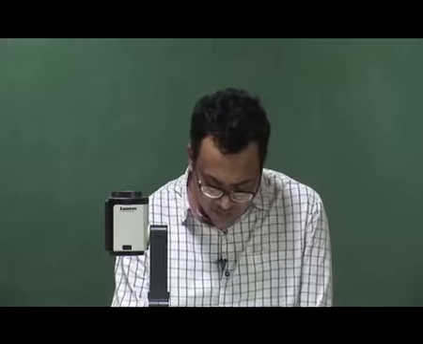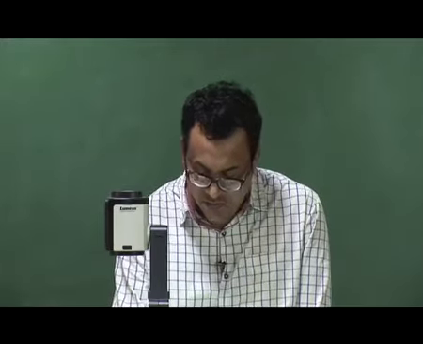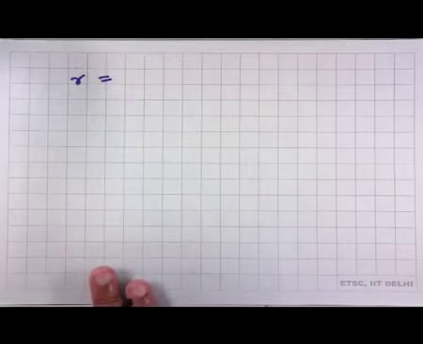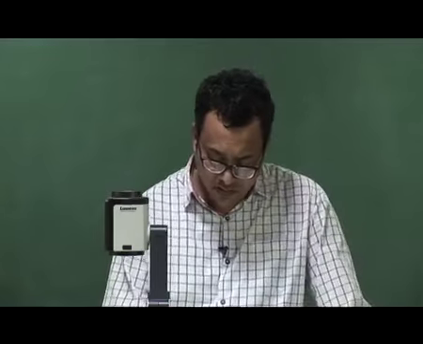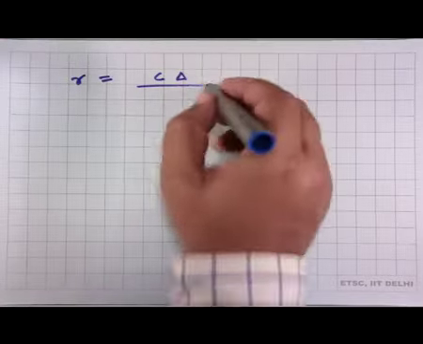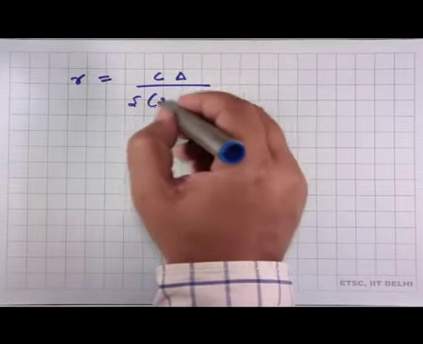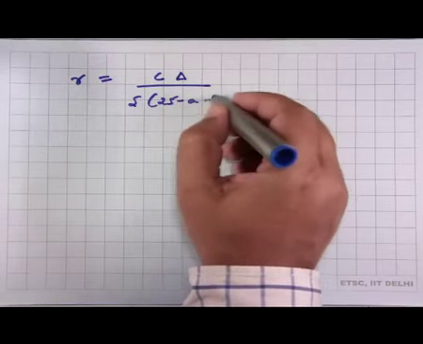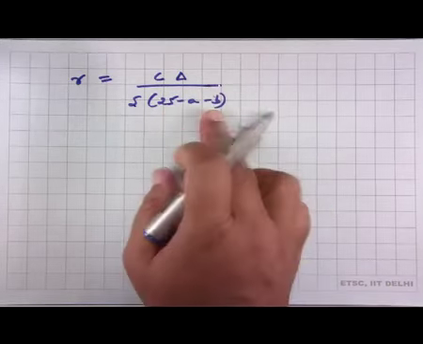So, finally, we have got the expression for the radius of the inner circle, which is r is equal to c delta upon s into 2s minus a minus b. But what is this thing?